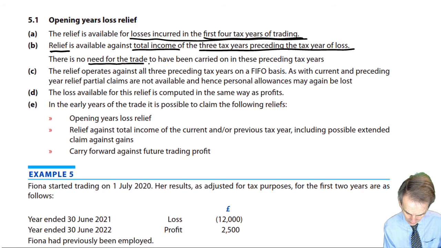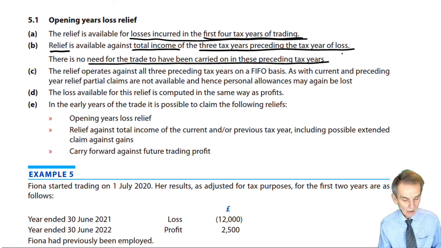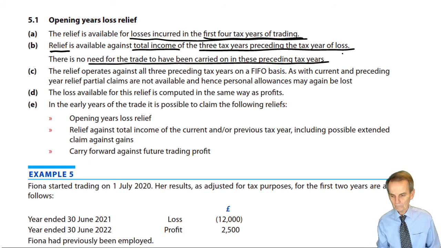Again, there is no need for the trade to have been carried on in these preceding tax years, just as we said when, in our examples so far, in the first tax year we've had a loss, we could go back to the preceding tax year and set off against its total income. So here we can go back 3 tax years. If we're going back against 3 tax years, not just 1, then there has to be an order of set-off.